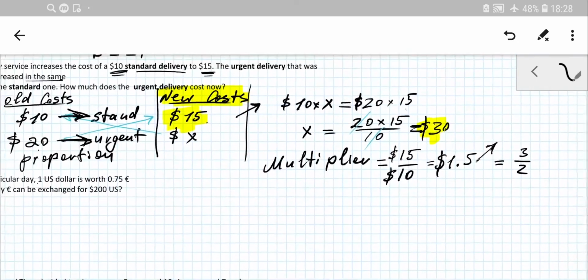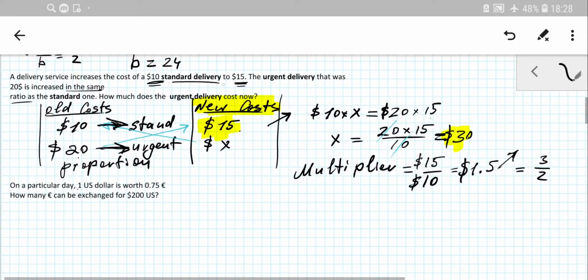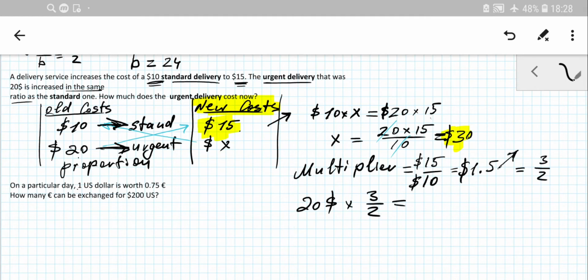So that's your multiplier. You simply apply this to urgent delivery. So you've got 20, then you multiply by 3 over 2, and finally you get the same answer. So 20 and 2 will be cancelled, you'll get 10 times 3, which is $30.